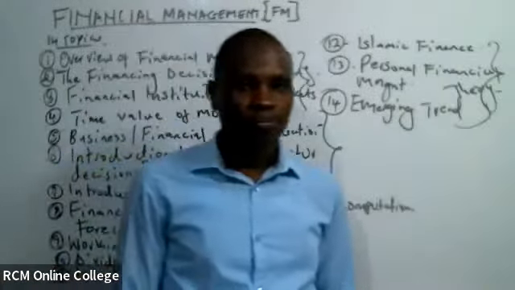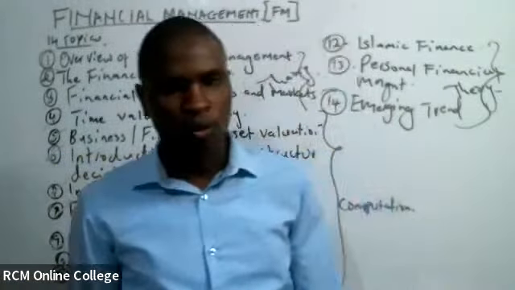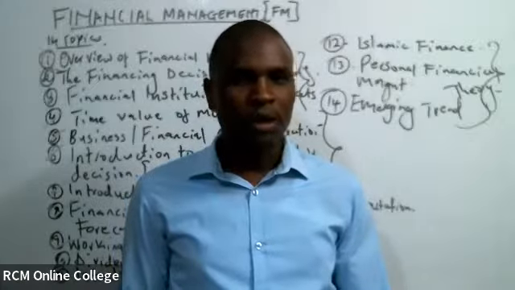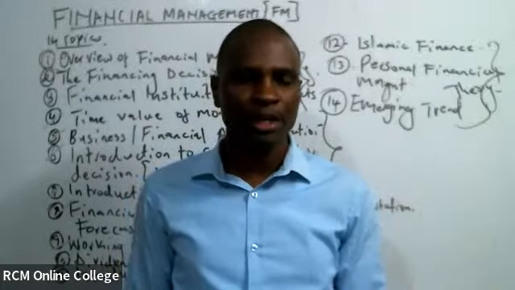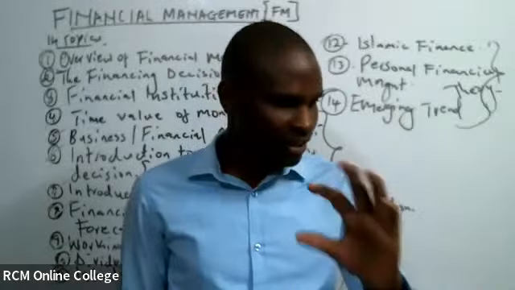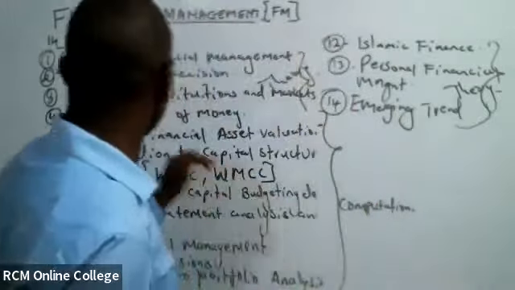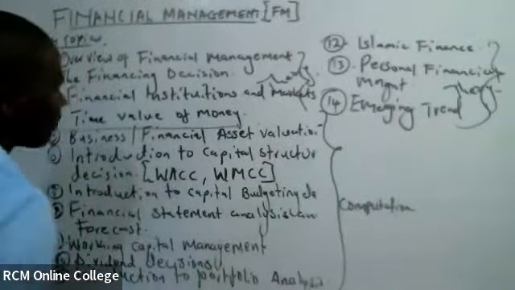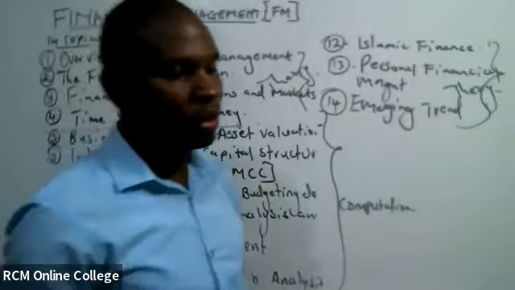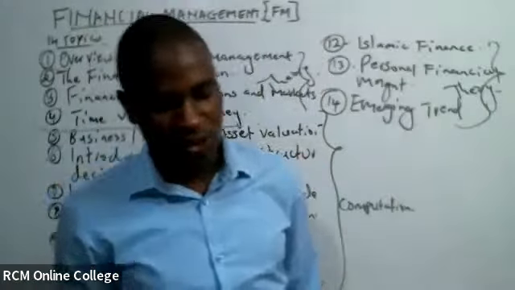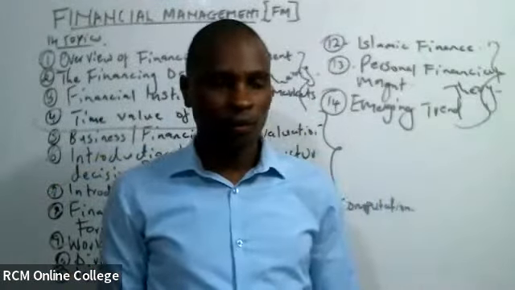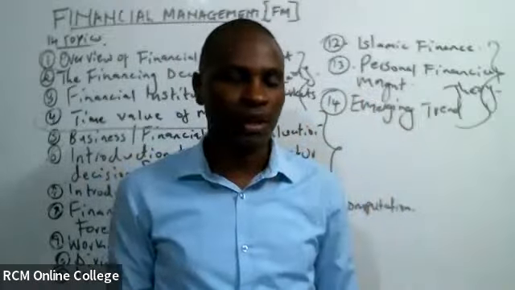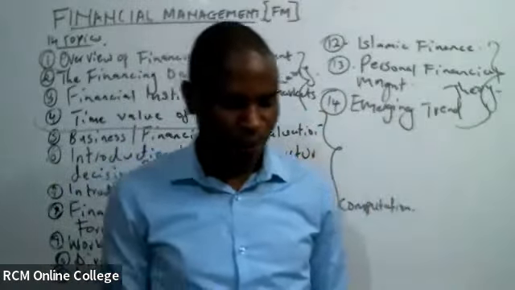Okay, now I just want you to have a definition of financial management. Have it in mind, and then we go to topic number 4, which is time value of money. So you have the definition of financial management, and then we go to that. At least you have the definition of the subject.